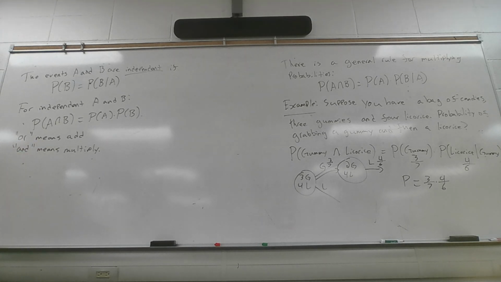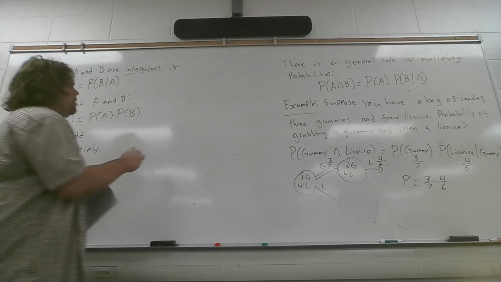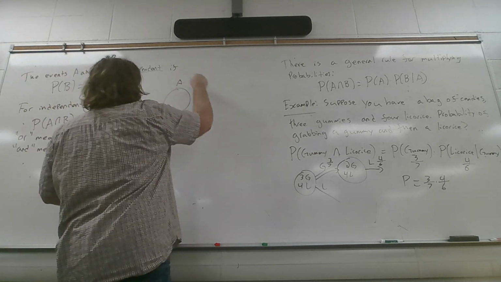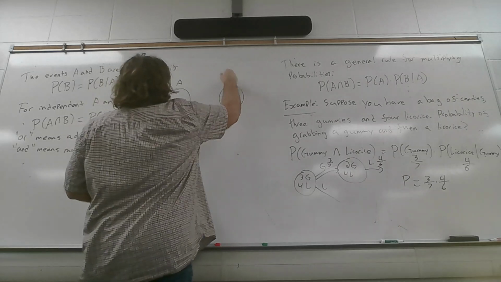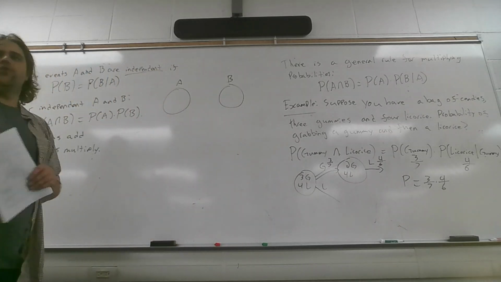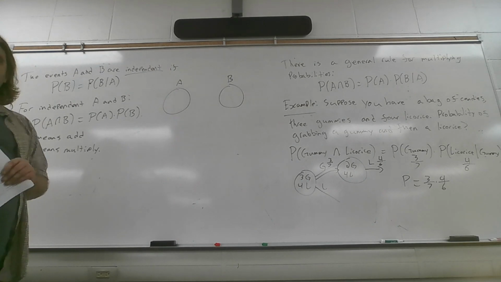These two things, they can't be both. So if we think about it, and this doesn't really matter very much, this is just sort of me saying it. If A and B are disjoint, so these are our two events, can they be independent?